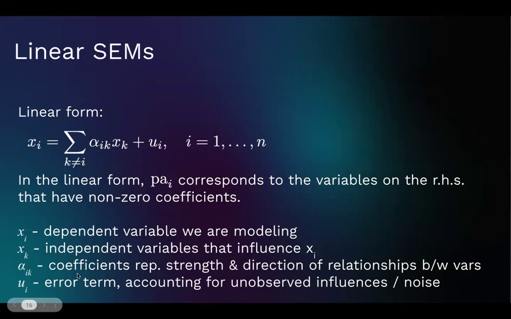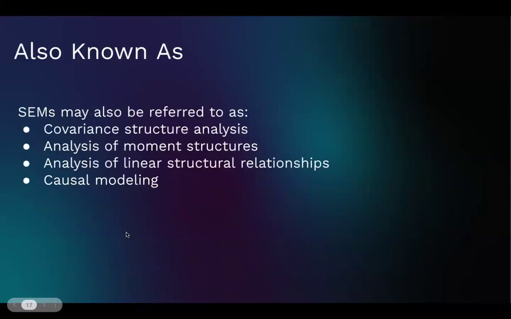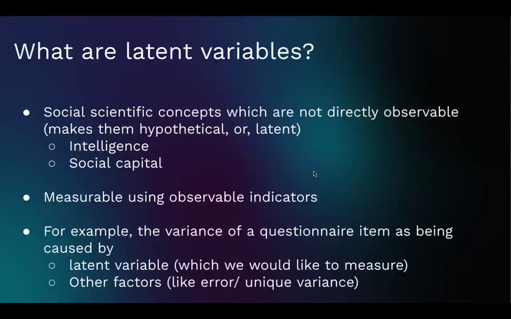These alphas are the coefficients representing the strength and direction of the relationships between variables. And the u of i are the error terms, which account for unobserved influences and noise. These structural equation models may also be referred to as covariance structure analysis, analysis of moment structures, analysis of linear structural relationships, as well as causal modeling.